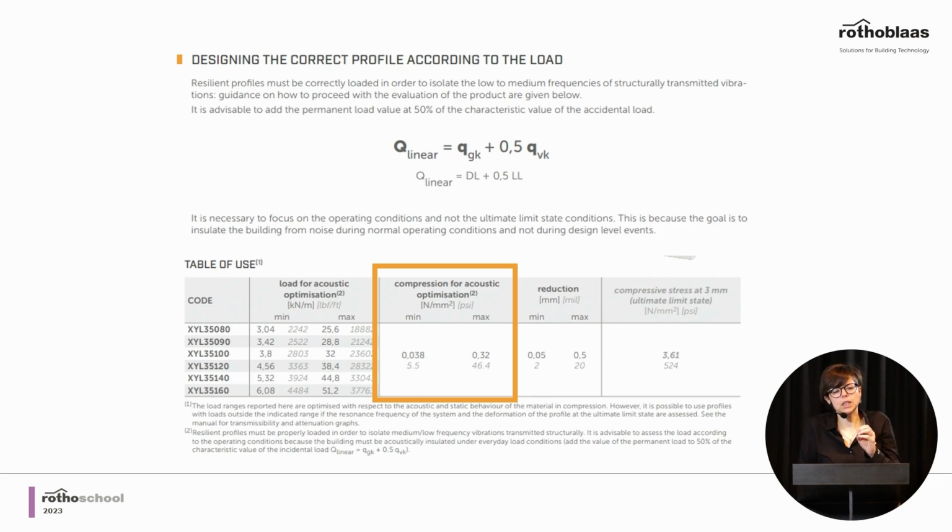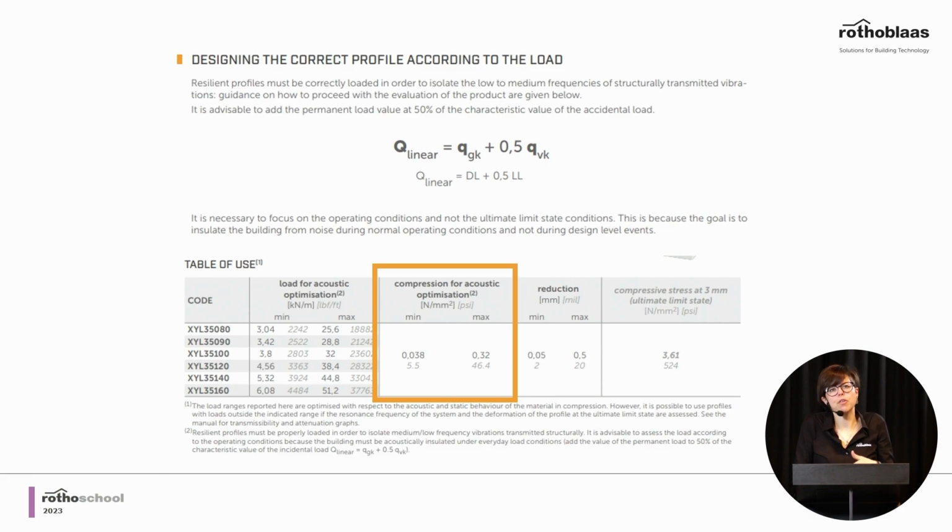Of course, the idea is that the spring has the right load applied on it in order to work in the proper way. It works more or less like a shock absorber of a car. And of course, a shock absorber works well if it has the proper load. What is the load that needs to be applied? So which is the profile that we need to choose?